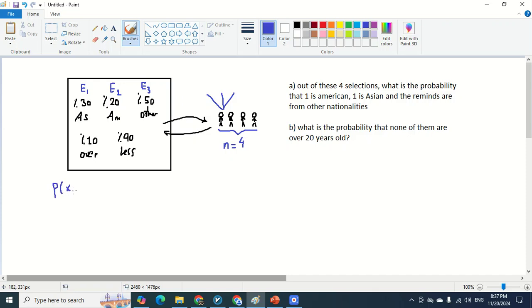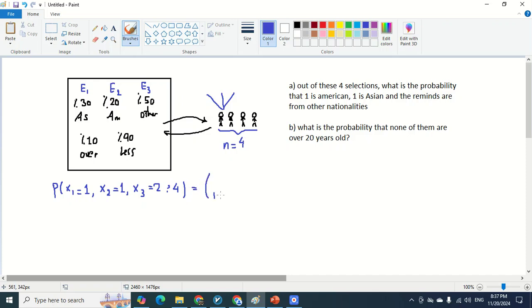I want X1, the number of Asians, to be 1, X2, the number of Americans, to be 1, and the remainder are from other nationalities, meaning X3 is equal to 2. So together we have 4 cases, so n is 4 over here. Right now, to calculate this probability, we can use this formula.